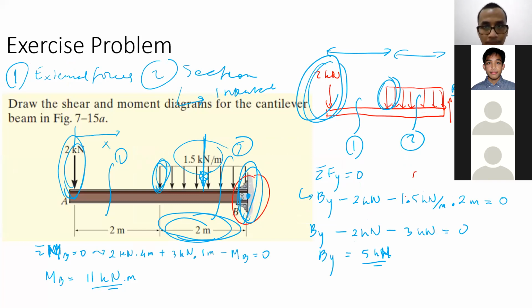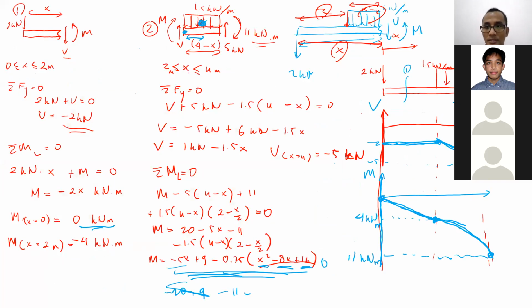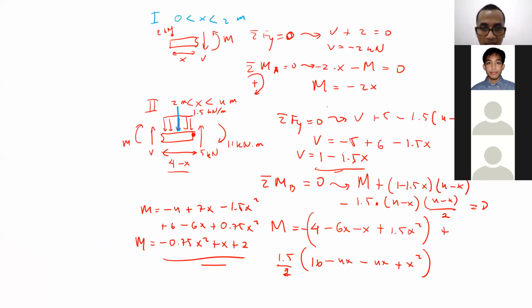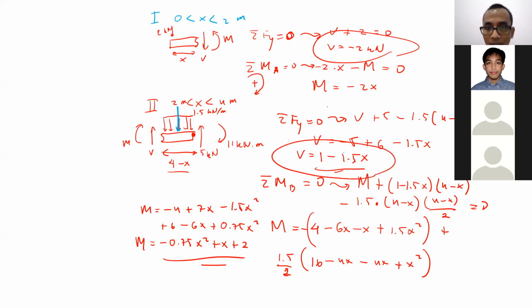So this is the graph after you finish the calculation. Remember, based on our calculation, the shear force is minus 2 kilonewton for the first region, and for the second region it is 1 minus 1.5x, right?